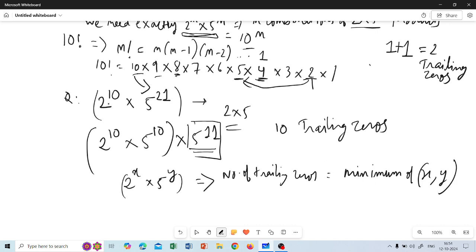So here the minimum is 10, so obviously the trailing zeros is 10 only, so that extra 11 doesn't contribute. So this is one more concept to solve the question.